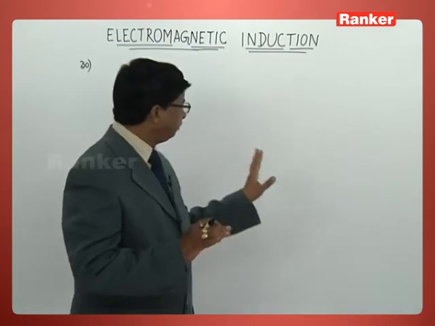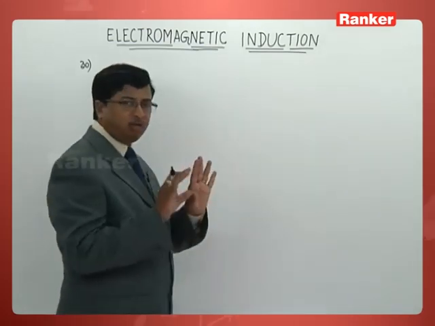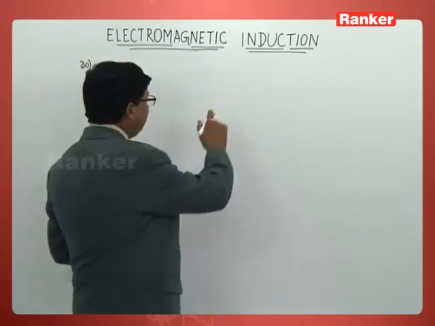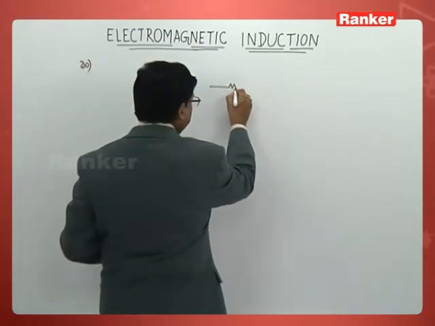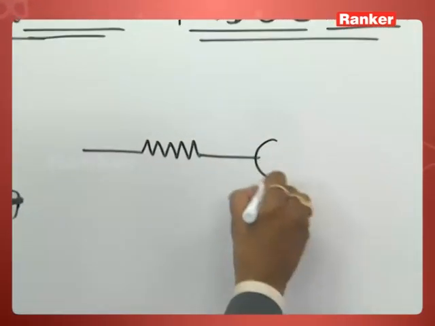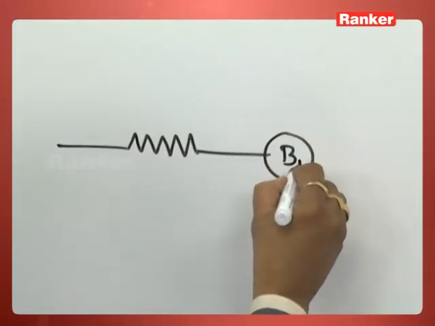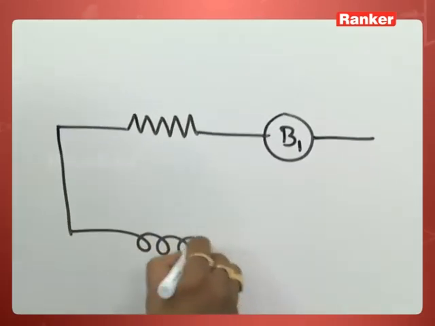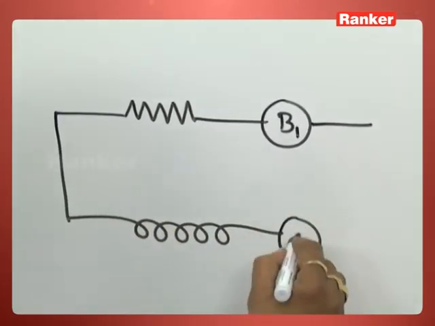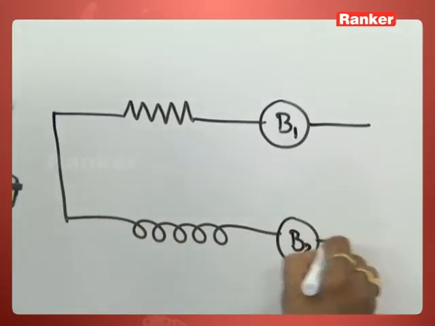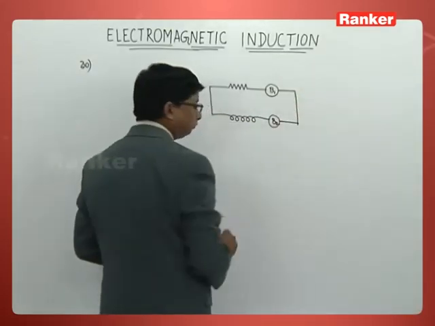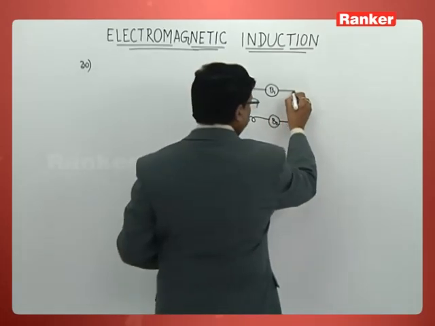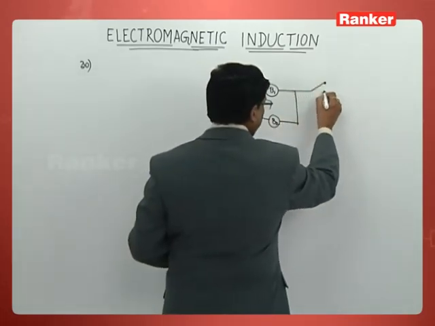What is the concept? Of course, he has given a very simple concept, which every one of you can easily understand. There is a resistor connected here and a bulb, this B1. There is an inductance connected here, and another bulb B2 is connected here. Here he has also mentioned a tapping key.